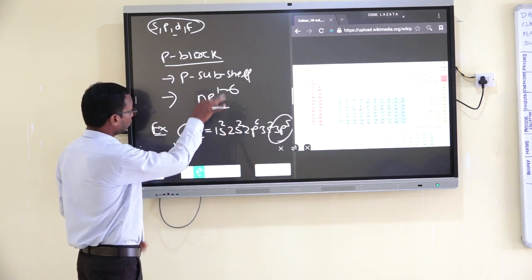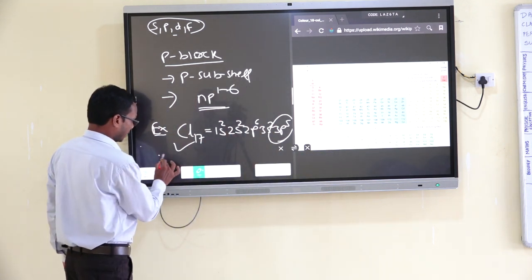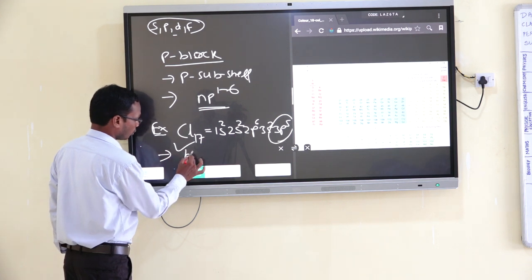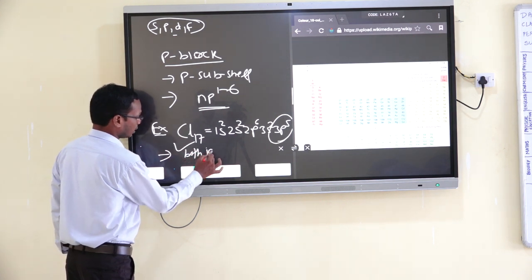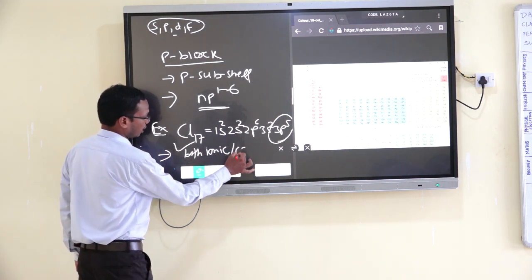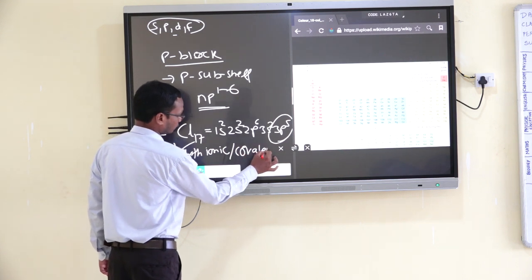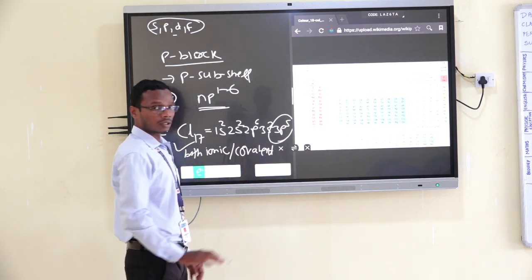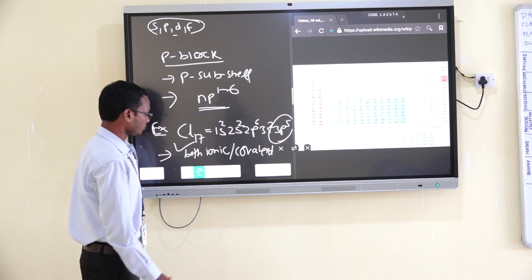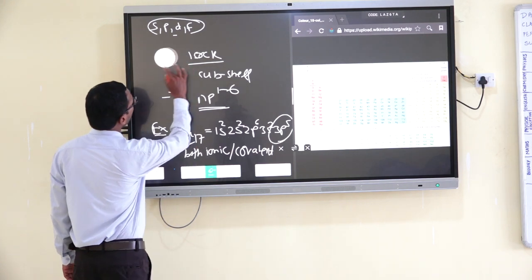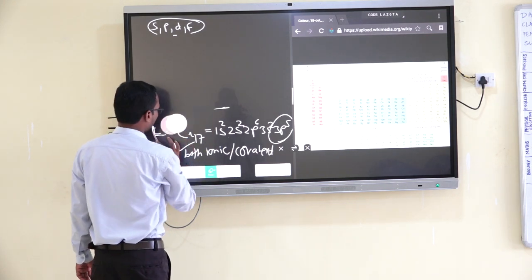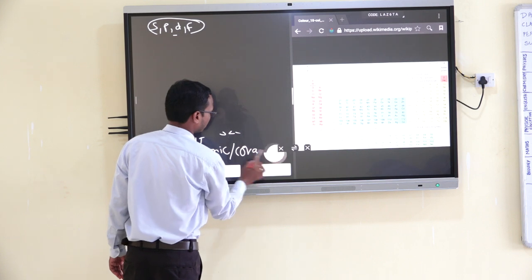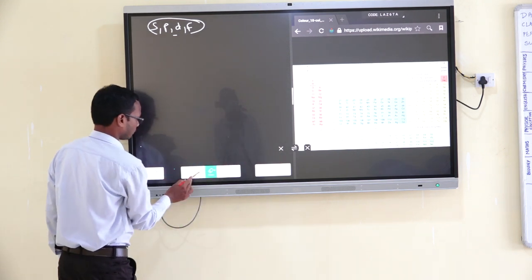Now, the compounds of P block form both ionic or covalent bonds. Now come to D block. D block elements are generally metals.